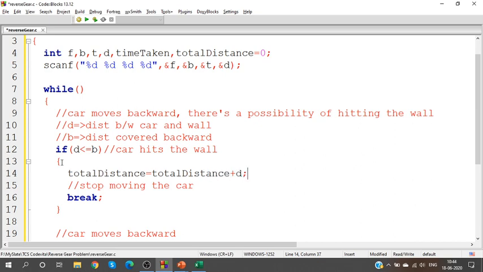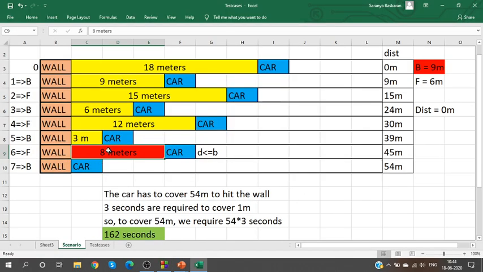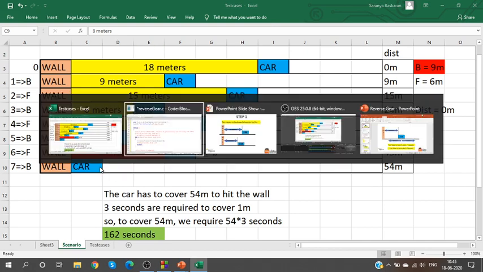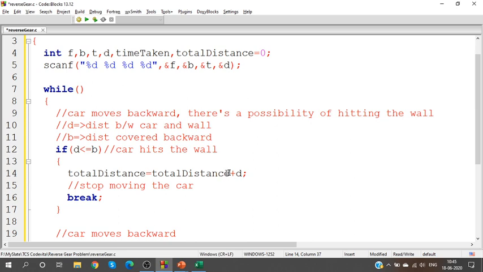Don't add B value, guys, because if it is 8 meters, you need to cover only this 8 meters. You don't have to cover 9 meters. You can't cross the wall. If you collide with the wall, you will stop. So whatever distance is remaining at the end, cover that distance alone. So the remaining distance is taken and added to total distance.